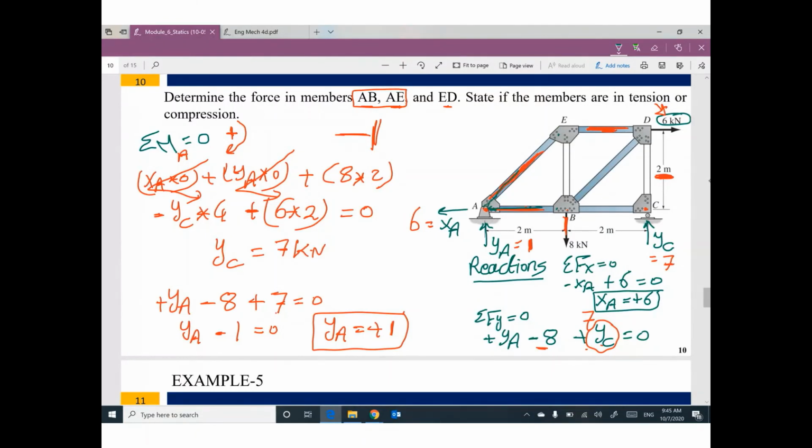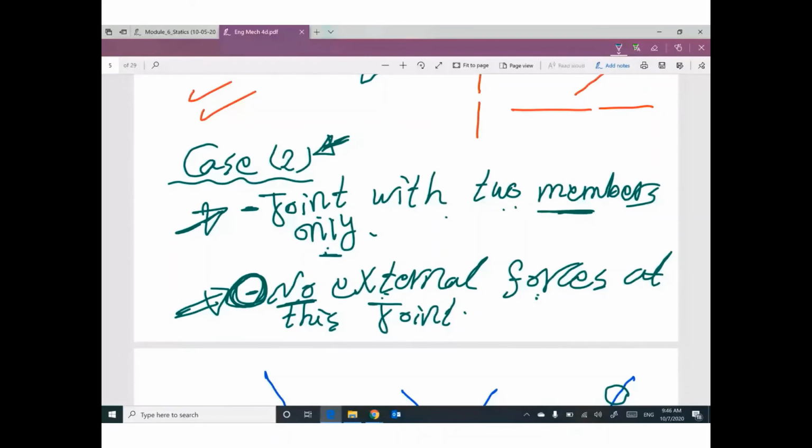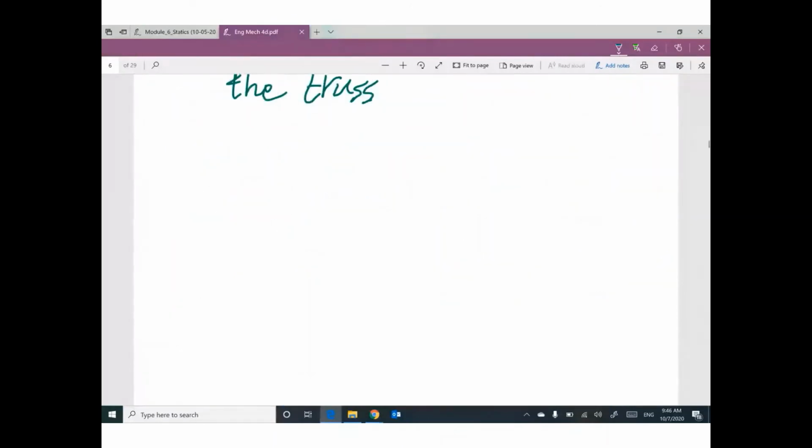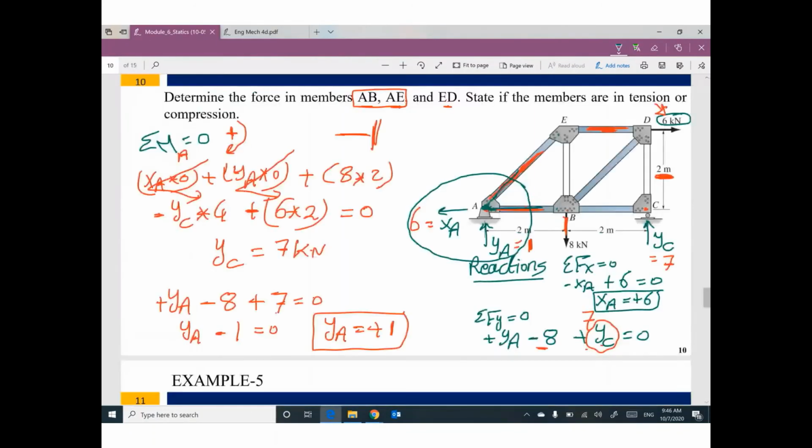So I'm going to draw a circle around A. Can you tell me what do you have at A? Here is joint A. What do you have inside this circle?